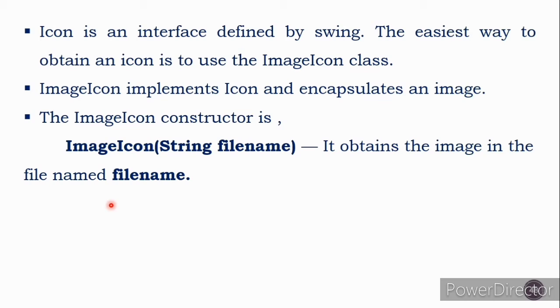Here Icon is an interface which is defined by Swing, and the easiest way to obtain an icon is to use the ImageIcon class. If you want to display an image on the GUI application, we need to make use of the ImageIcon class, and this ImageIcon class makes use of the Icon interface. ImageIcon implements Icon and it encapsulates an image.